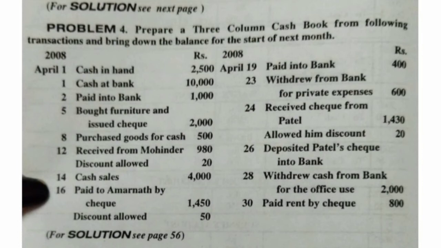Okay, and the next transaction is we are depositing the Patel's check into the bank. So bank account debit to cash account, it is a contra entry. So bank is on the debit side, so debit the cash book in the bank column 1430 on the debit side, by naming it as to cash account, and cash is on the credit side in the contra entry.